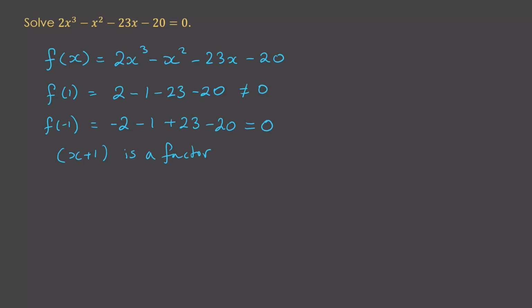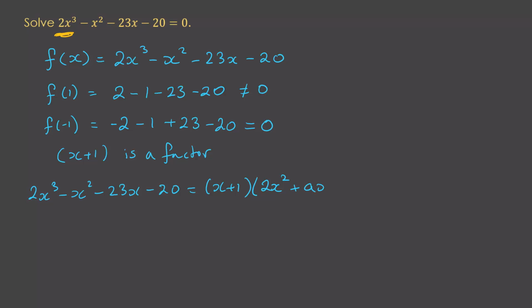So in other words, 2x cubed minus x squared minus 23x minus 20 is equal to x plus 1 times some quadratic. Now, because this starts with 2x cubed, that's going to need to start with 2x squared, so that when we expand, we get 2x cubed.